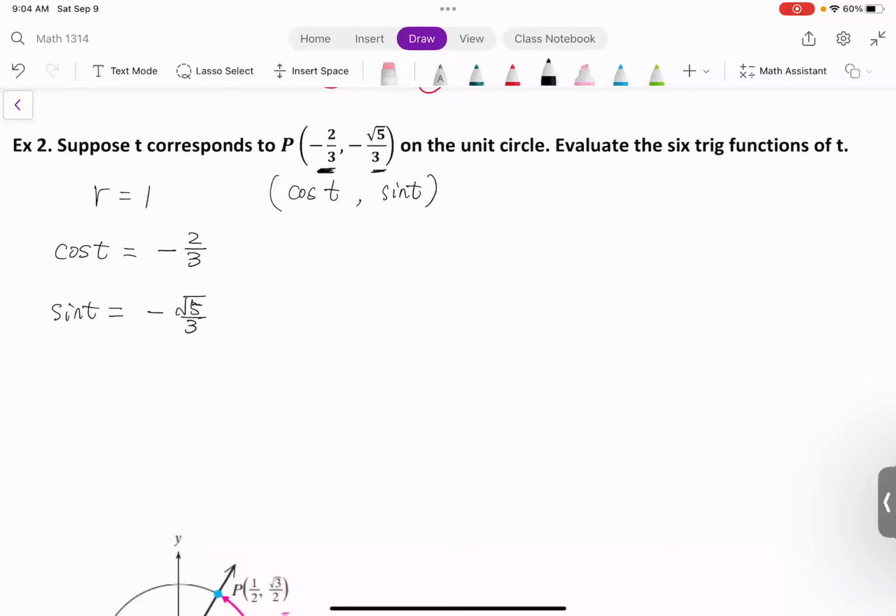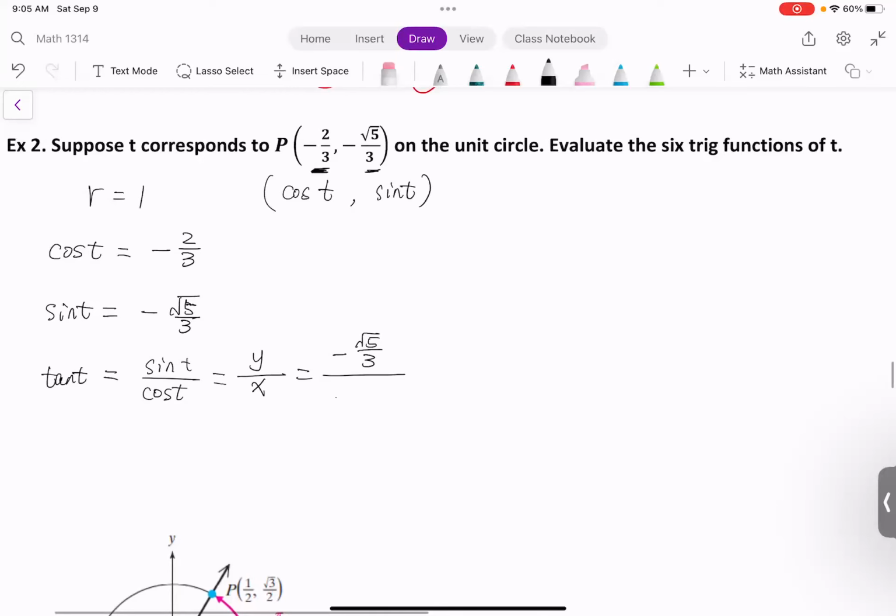How about the tangent t? Tangent t equals sine over cosine, and this is the identity. You can also use a simple one, which is y over x. Y is negative square root of 5 over 3, over x, which is negative 2 over 3.